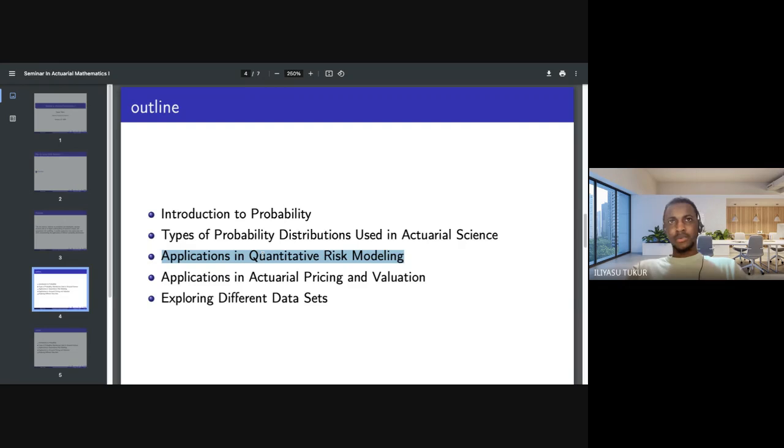So for example, solvency, or trying to calculate the probability of ruin of an insurance company. So you have so many probabilities. For example, you have what we call initial capital.